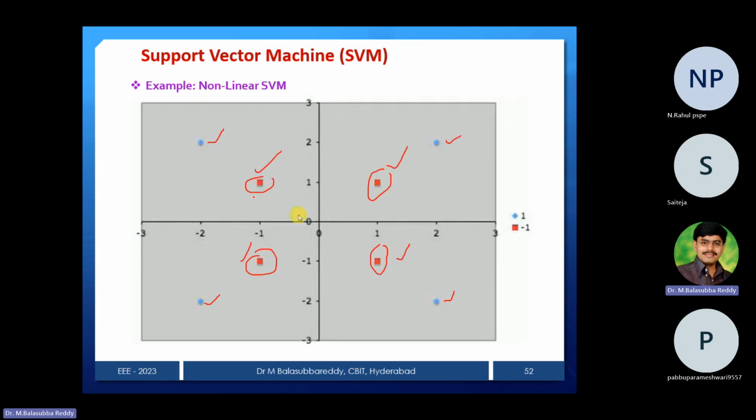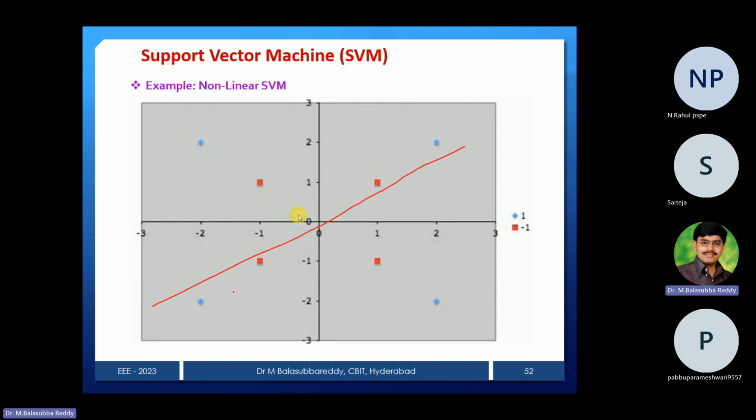So the first step, whether it is a linear problem or a non-linear SVM or anything, is that whatever the data is, you have to represent it in terms of points. Then by observation here, suppose I want to draw a hyperplane. Wherever I draw it, it will not divide properly.